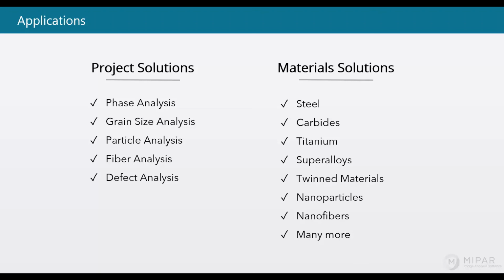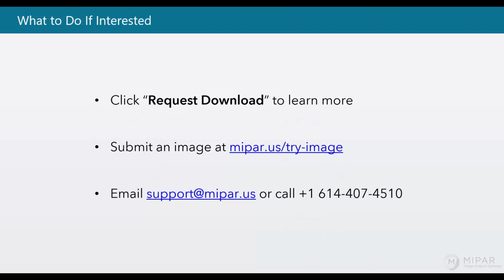You can see phase analysis across all of these materials. You can see grain size analysis across all these materials. But we wanted to present the different solution opportunities two different ways, depending on how you characterize your application.